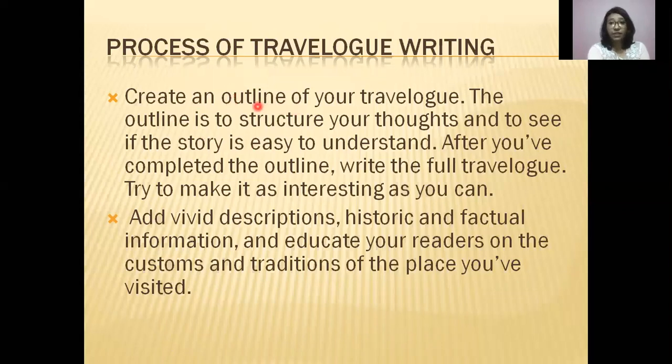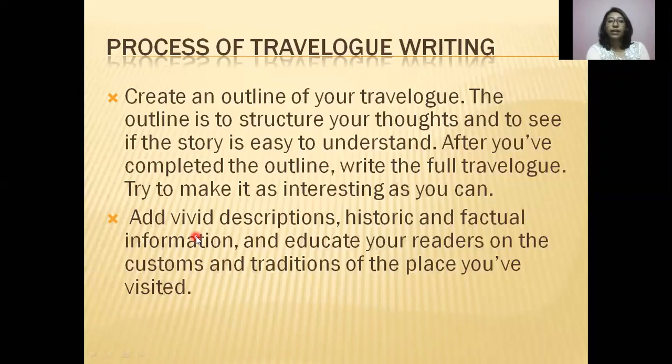Without a rough sketch, if you start writing, there might be many errors, so the editing part would be difficult. So to avoid that difficulty, you have to first prepare an outline. And in that outline, you have to determine what things you are going to write to make your travelogue an interesting one.